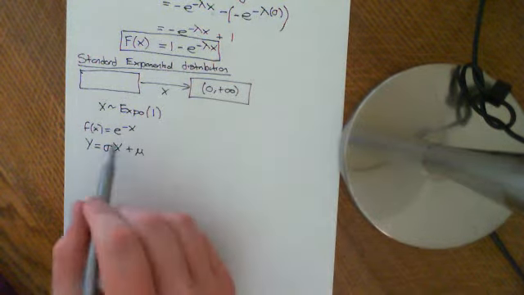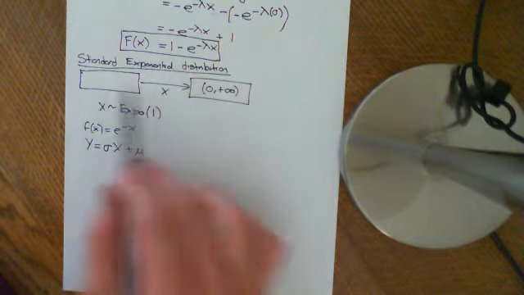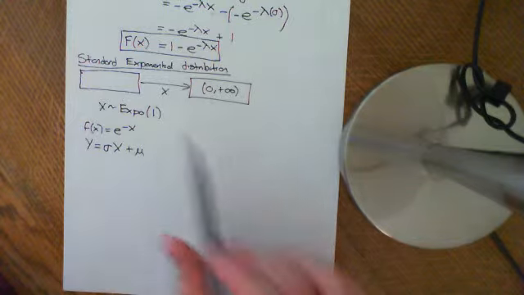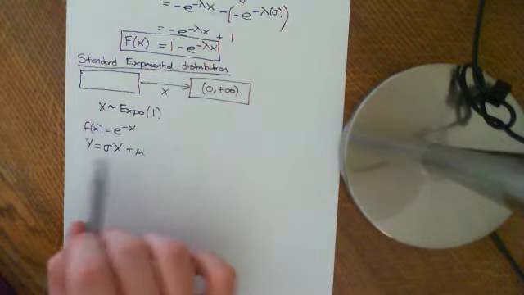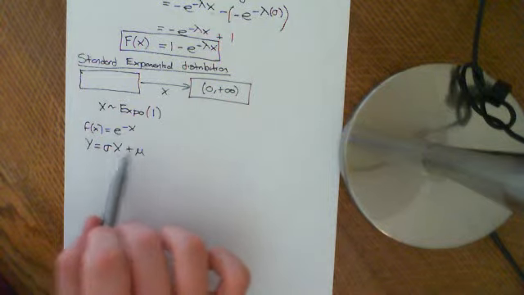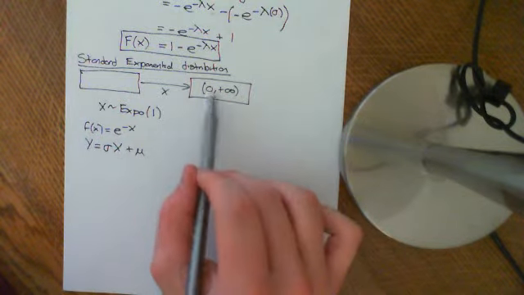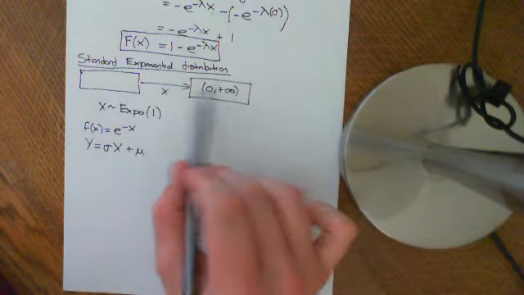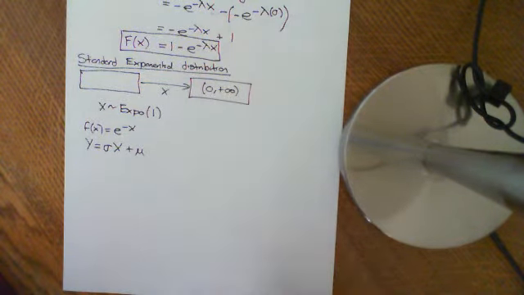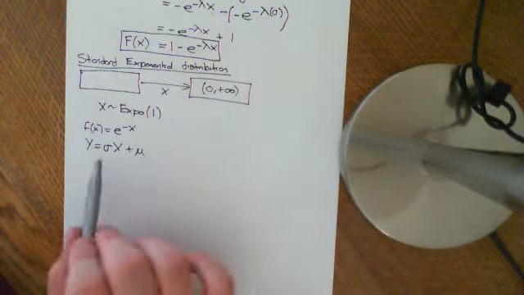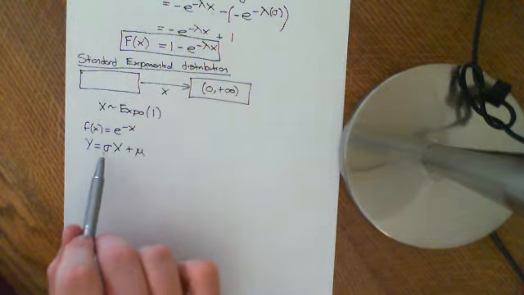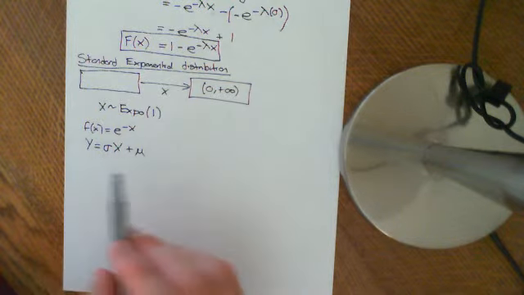So if you have a random variable mapping an abstract probability space onto the standard normal distribution, you can easily construct another random variable y, which is just sigma times x plus mu. Basically, just take every real number, multiply it by sigma and add mu, and that will have a general normal distribution with mean mu and variance sigma squared.